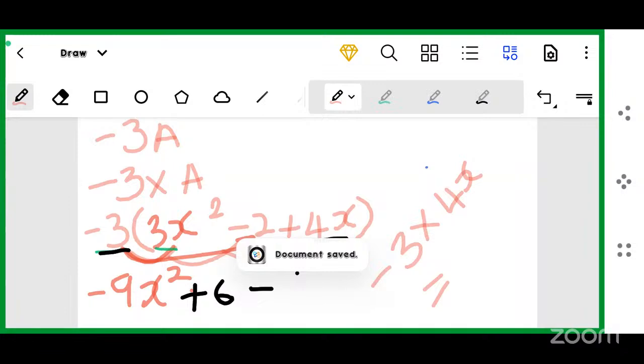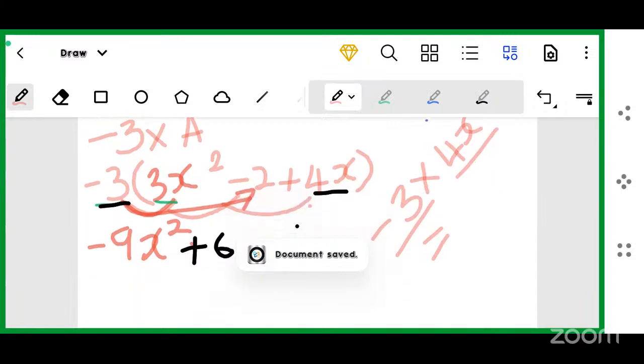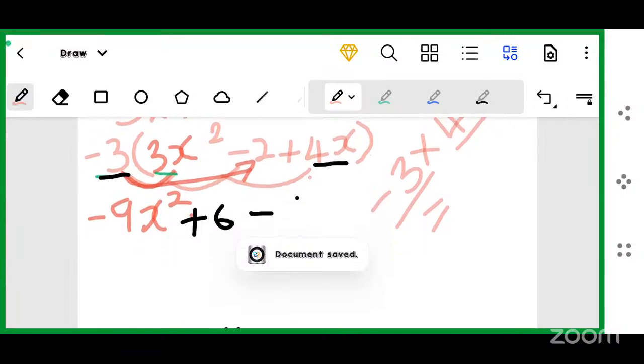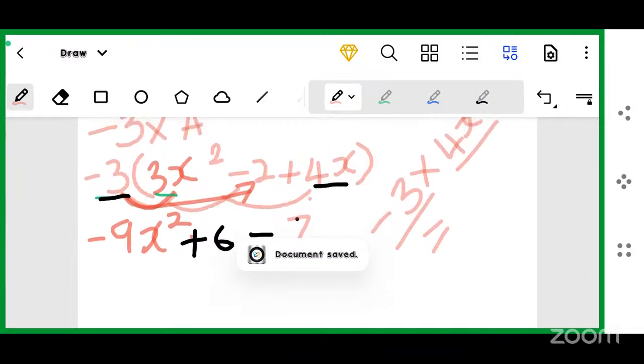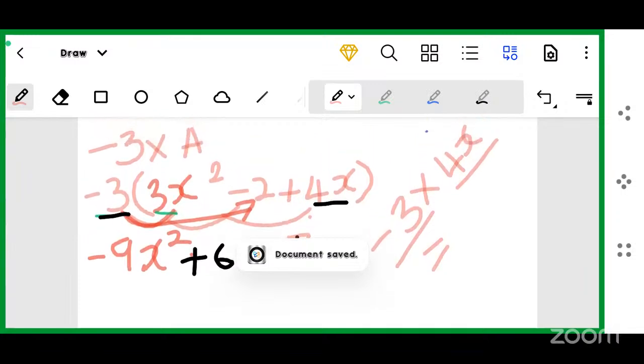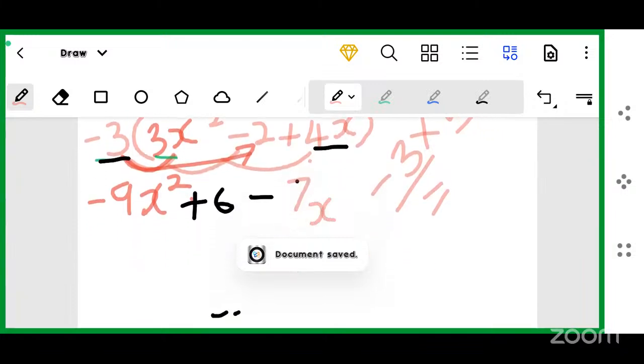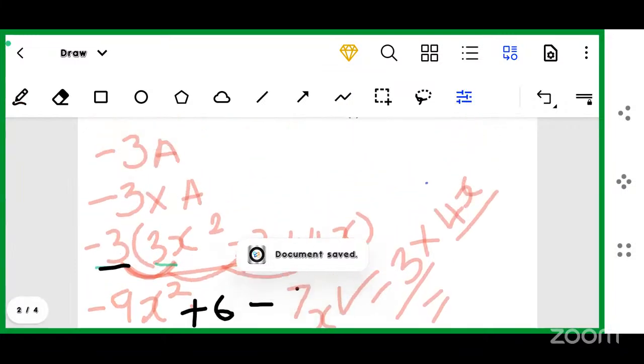So what do you get when you multiply -3 and 4x? Equals -7. -7, all right. I think we forgot something. -7x. Perfect. So there we go. Are you clear with this one?